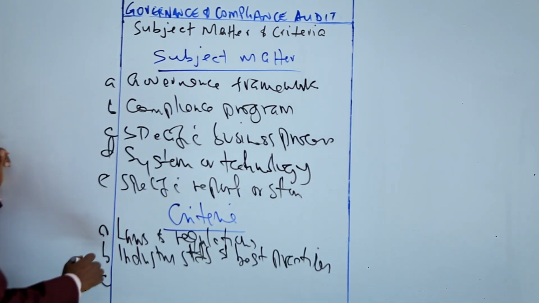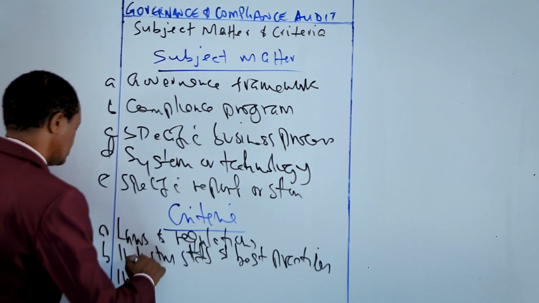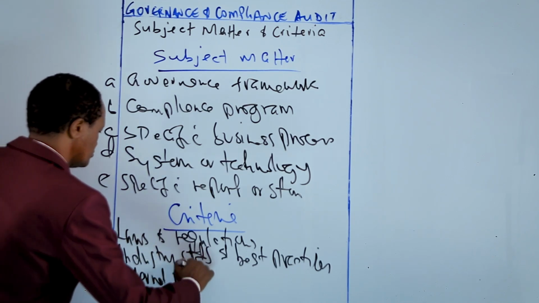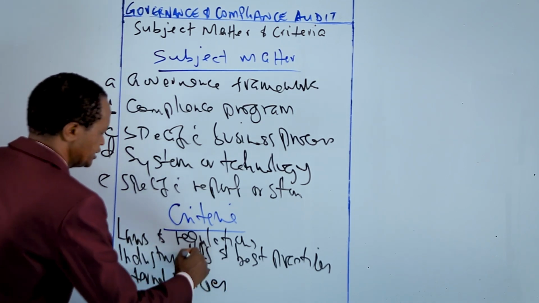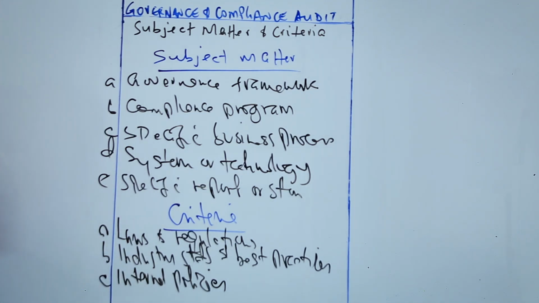Number 3. Internal policies. This is also a criteria. Organizations operate in an environment where they have their own policies and procedures. So an organization's own documented procedures or policies are a key source of criteria.